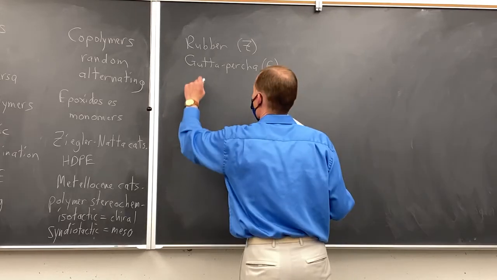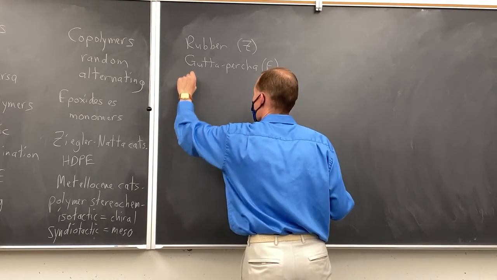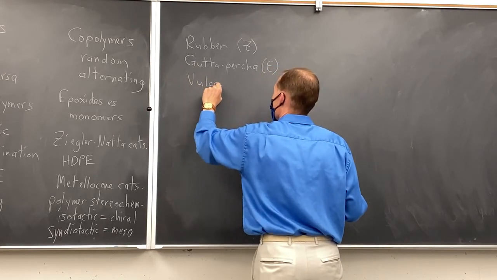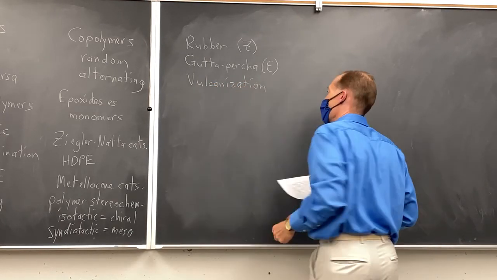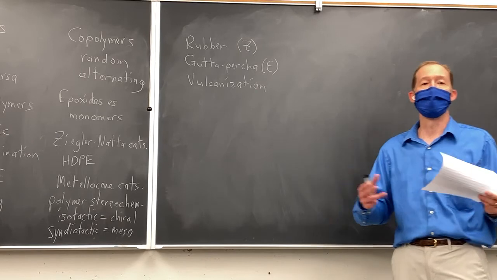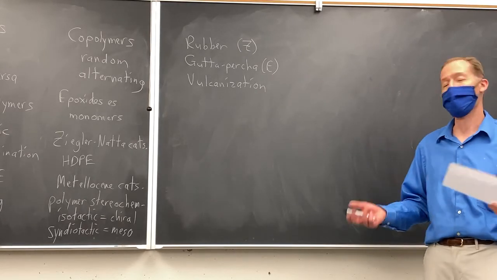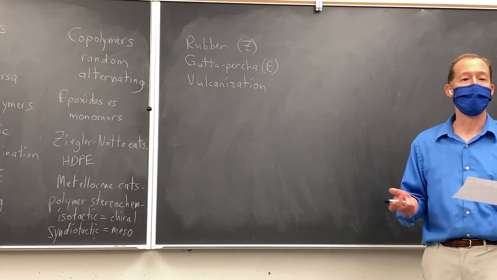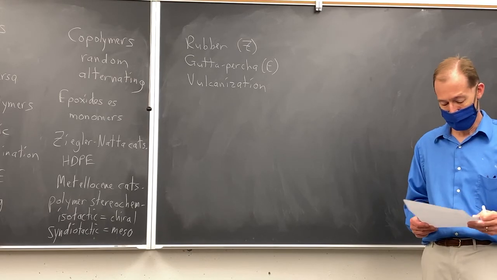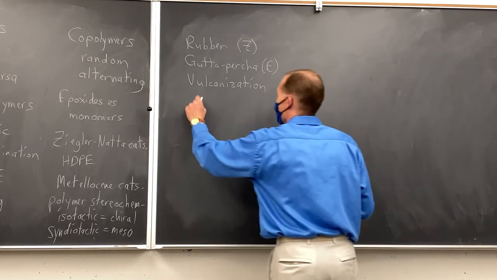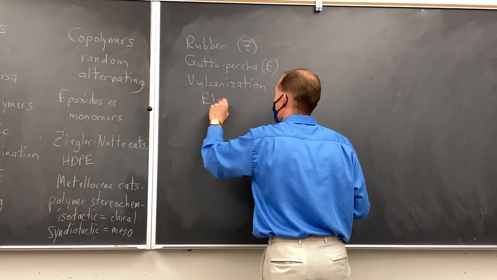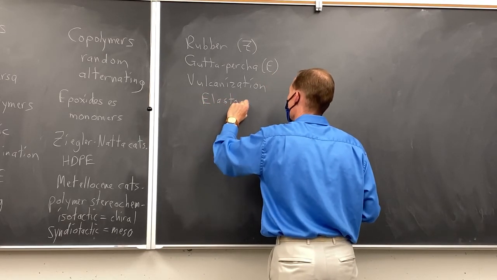We're going to learn about a process known as vulcanization. Sounds exciting. Vulcanization is a way of forming crosslinks in rubber. And so that's going to change the properties of the rubber. So that's something we'll want to understand. It creates a type of polymer known as an elastomer.